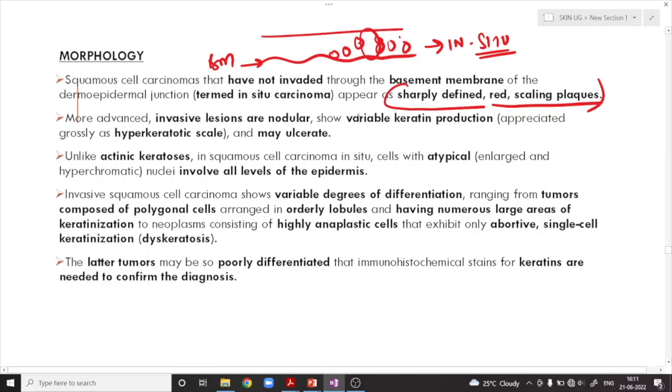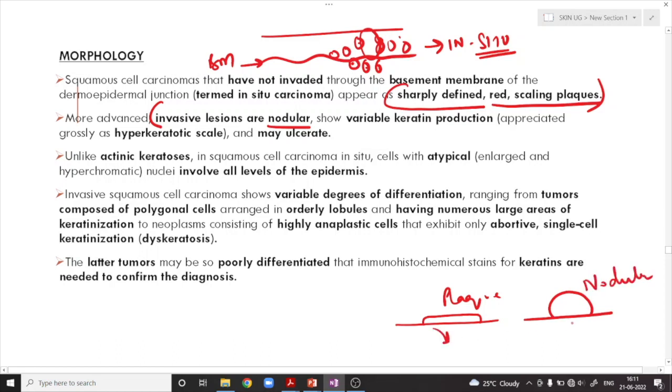Now later on, the cancer cells are going to invade the basement membrane, and they are going to invade the stroma. So more advanced invasive lesions will become nodular. For example, initially, if this is the skin, the lesion in the in situ stage will just be like a plaque. This is a plaque. Later on, when the lesion is going to invade, the outside of the lesion is going to become nodular. So remember, as the lesion goes deeper, it will become more nodular.